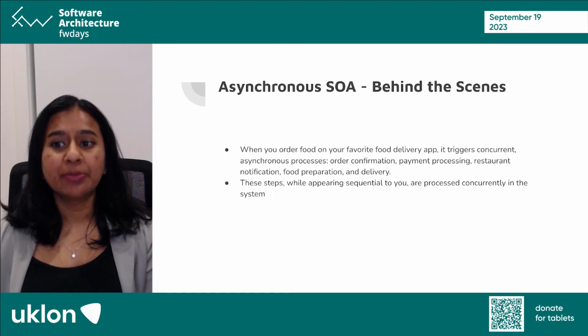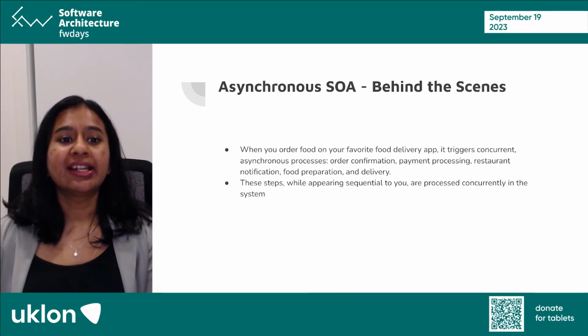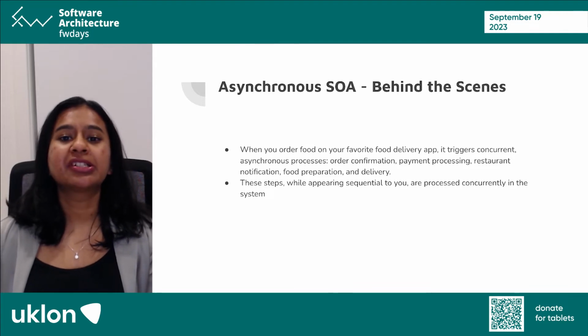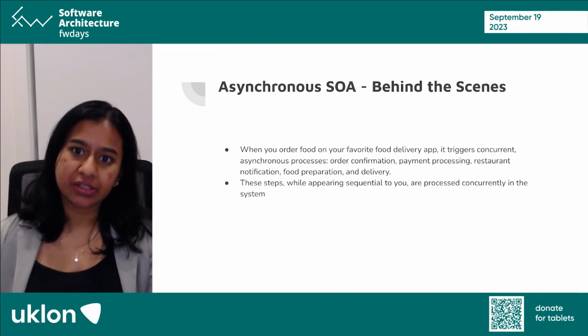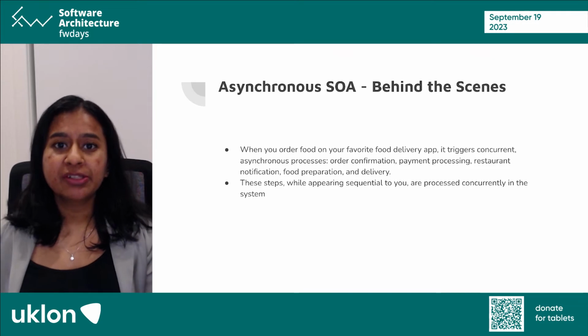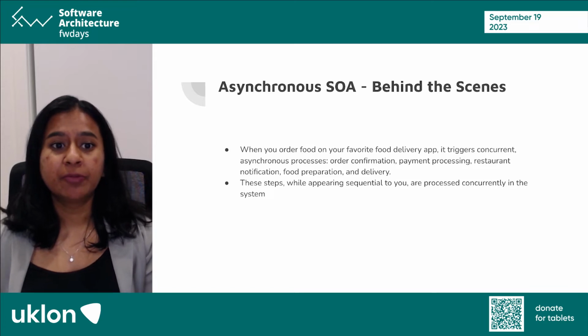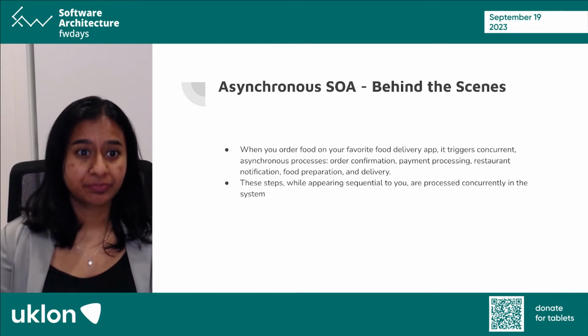This ability to send a request and receive a response at an unspecified later time mirrors asynchronous communication in an SOA. It enables the user to do multiple tasks independently without being held up waiting for a response.